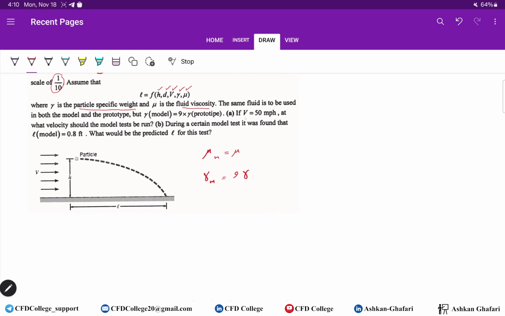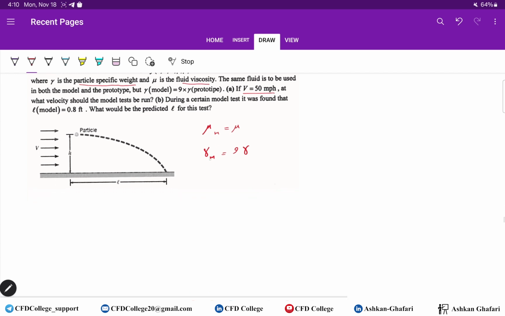If V velocity equals 50 miles per hour, at what velocity should the model tests be run? Okay, so in part A, we know the velocity for the prototype is 50 miles per hour, and we want to find the velocity in our model.